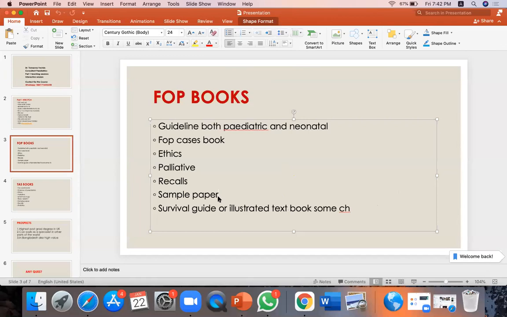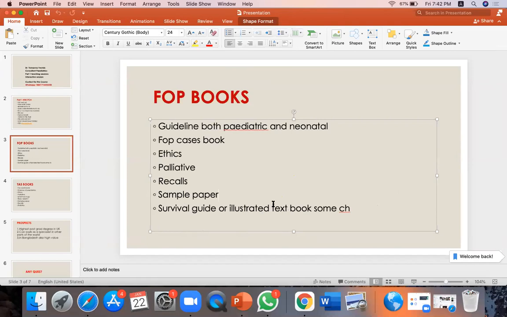Illustrated textbook CP chapter is very good, like neuro disability. So this is my point: whenever you feel stuck in any chapter, just go through the survival guide or the illustrated textbook, and believe me, it will help you in AKP also, because in AKP we read these books. They explain theory very well.